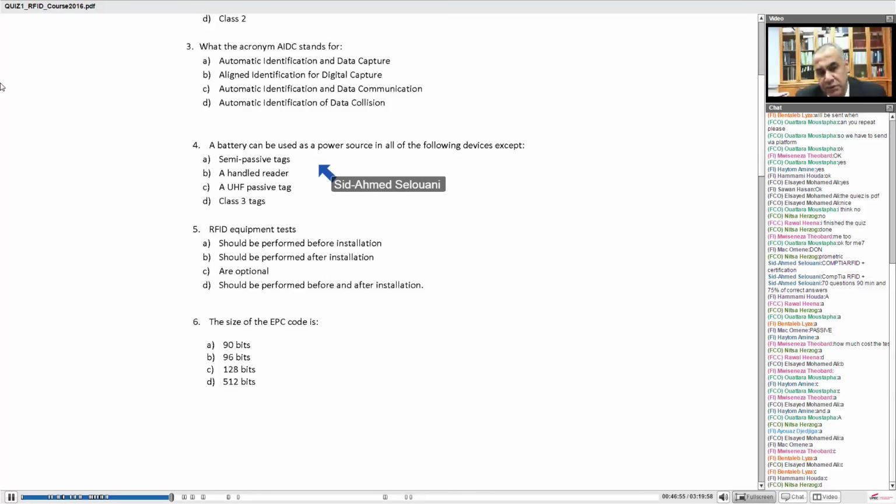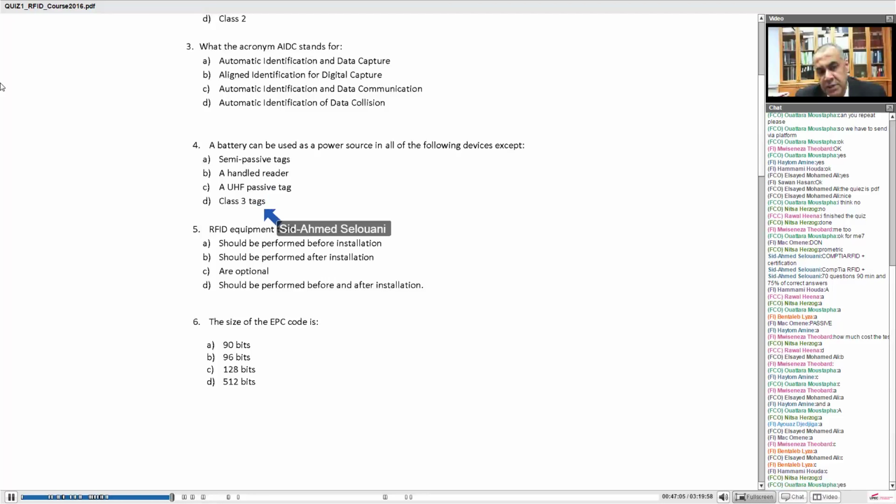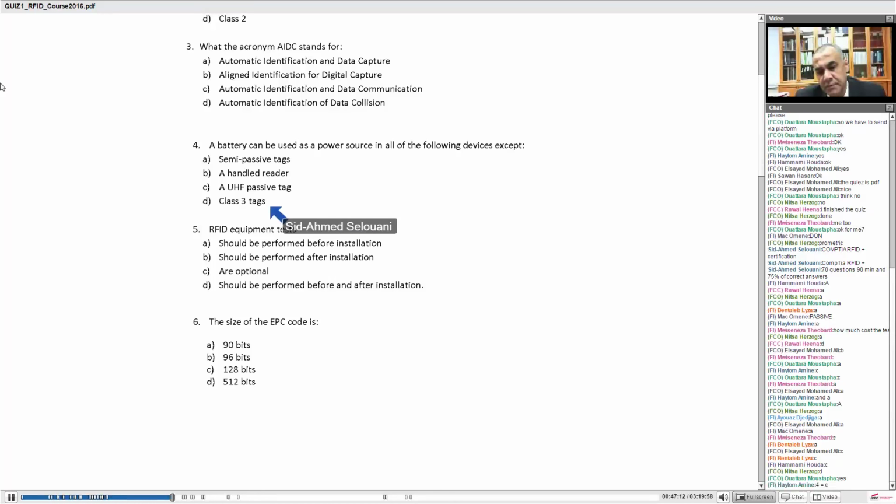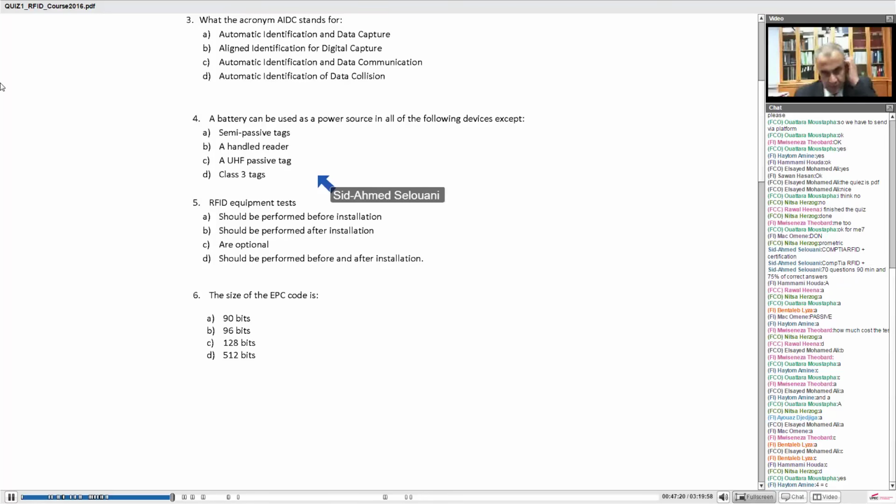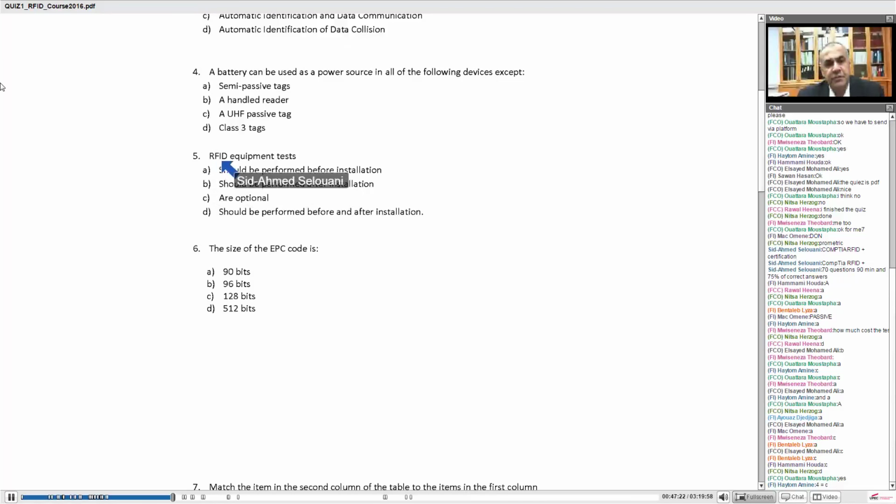Semi-passive, you have a battery, a power source. Handheld reader, you have a power source. Class 3, you have a power source. So this is C. Class 3 is semi-passive, so you have a power source. Yes, 4 is C.